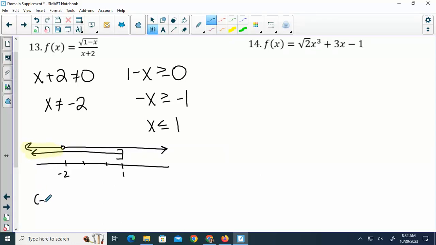So we could say -infinity to -2. But -2 does not work, so we have to take that out. And then everything from -2 to 1 would work. But the 1 would have to get a bracket. So the -2 gets parentheses because it did not work for both. But the 1 did, so it gets a bracket.